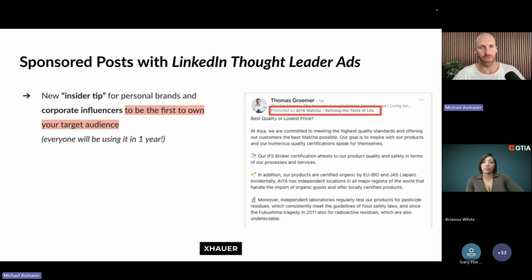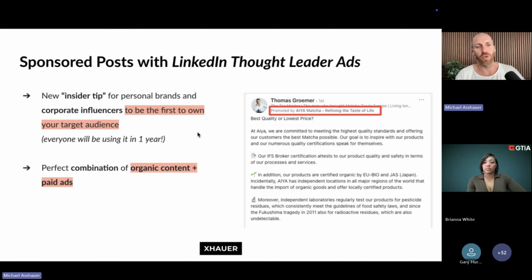You will see how that works in a minute. Yeah, but there's still not that many companies making use of the format of the thought leader ads. It's basically the perfect combination of organic thought leader expert content and paid advertising.